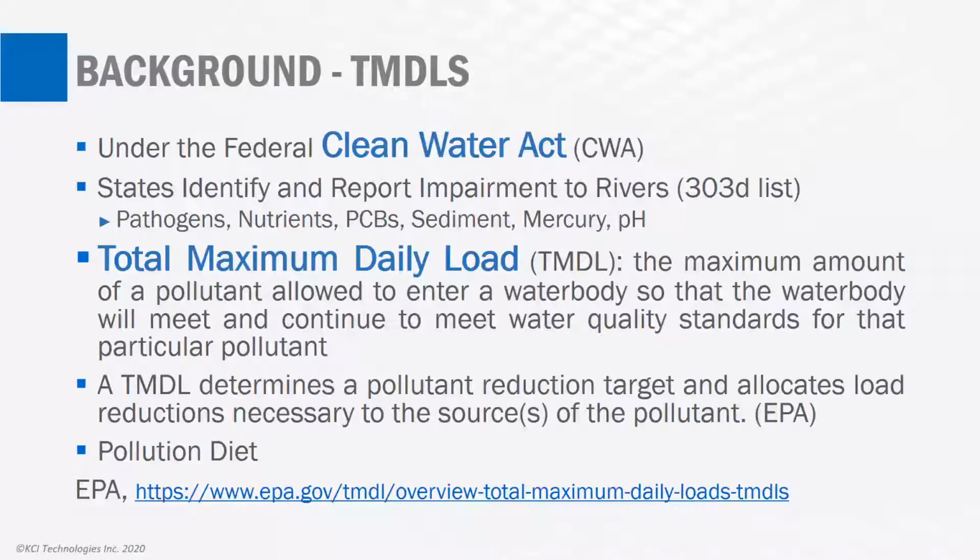The EPA defines the total maximum daily load, or TMDL, as the maximum amount of a pollutant allowed to enter a water body so that the water body will meet and continue to meet water quality standards for that particular pollutant. A TMDL determines a pollutant reduction target and allocates load reductions necessary to the source of that pollutant. So in essence, it's a pollution diet for streams and water bodies.